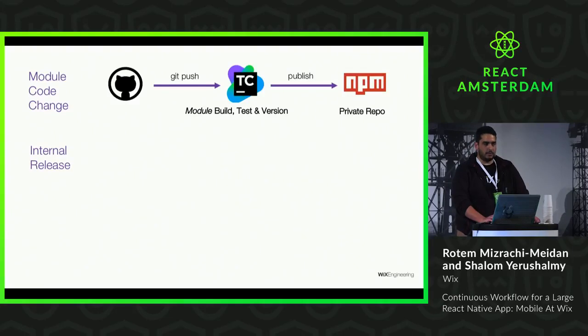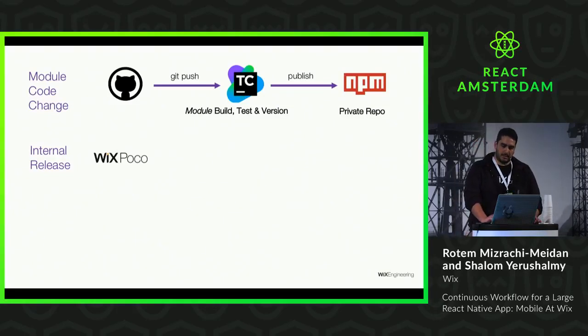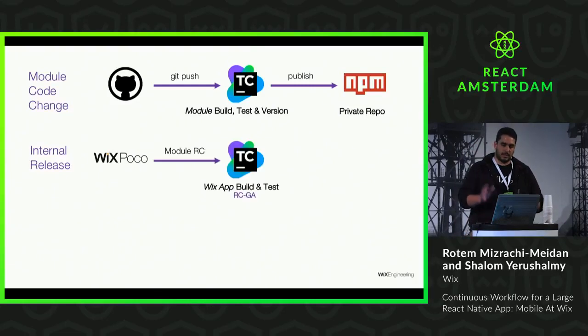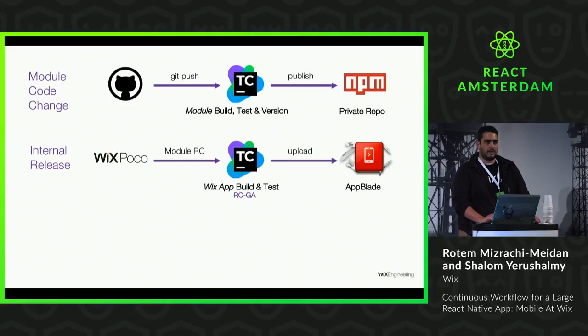The internal release process, which is the RC process for a module, is done in Poco. It's triggered in Poco. As you can see, this triggers the one-app, the Wix app application build with this specific RC version of this module. And if all okay, the IPA and the APK are uploaded to Upblade.